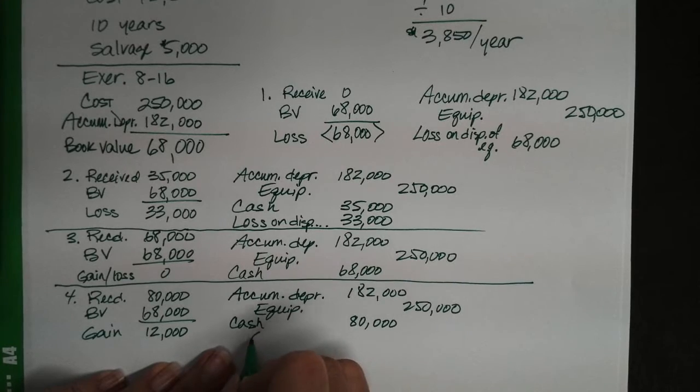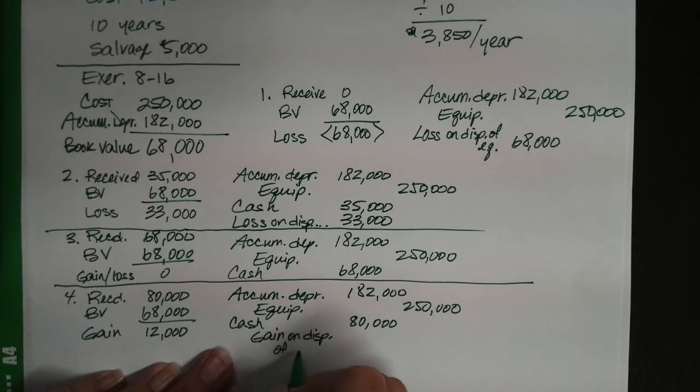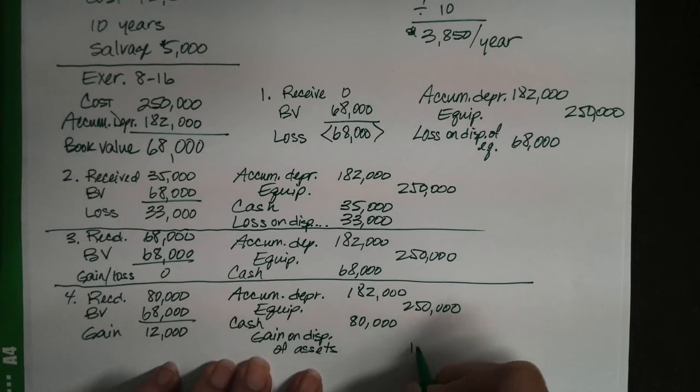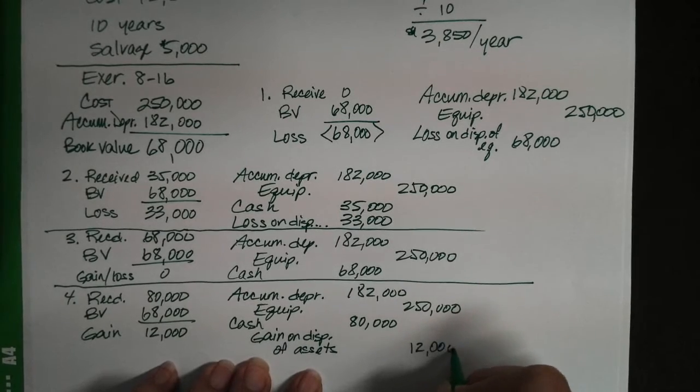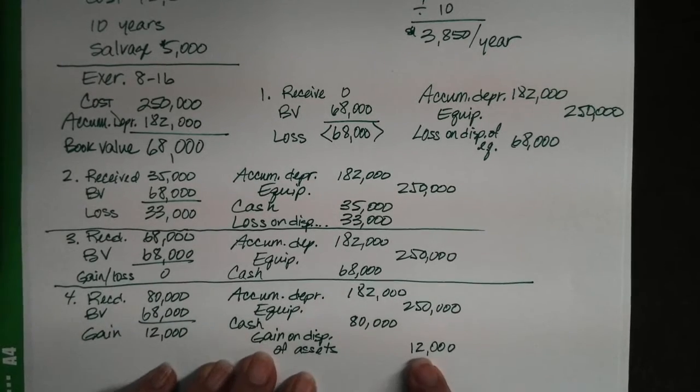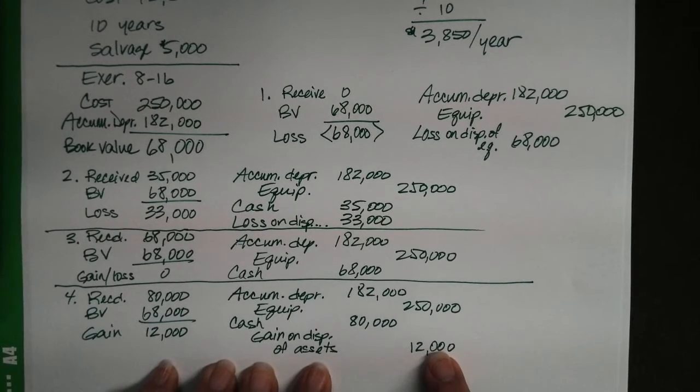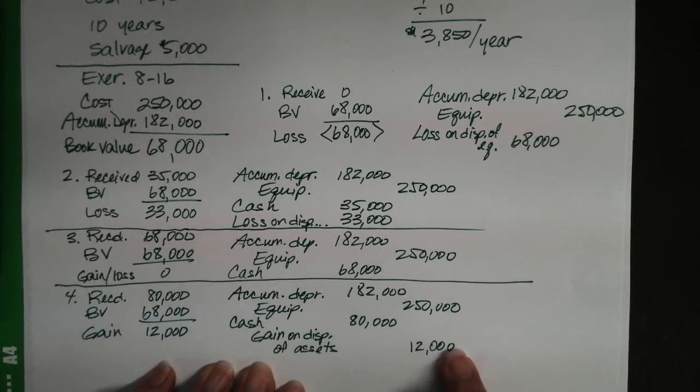And now we've got to credit a gain on disposal of assets of $12,000 to make this thing balance, see? And gains are credits. All revenues are credits. Okay, so see, that makes perfect sense.